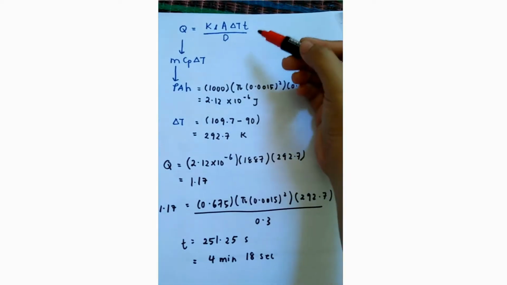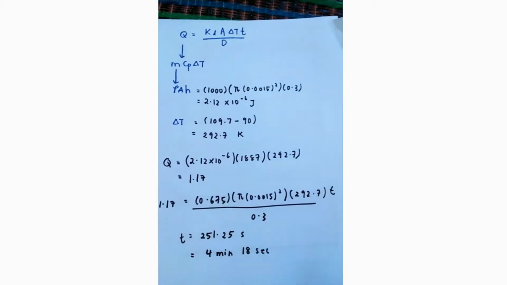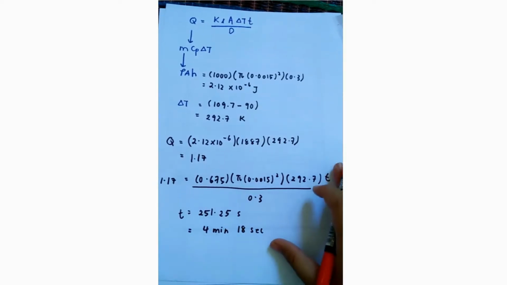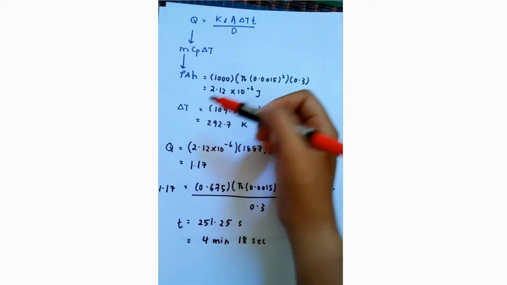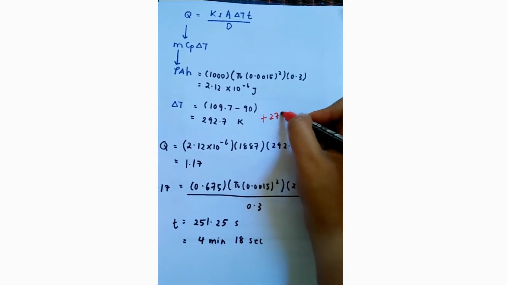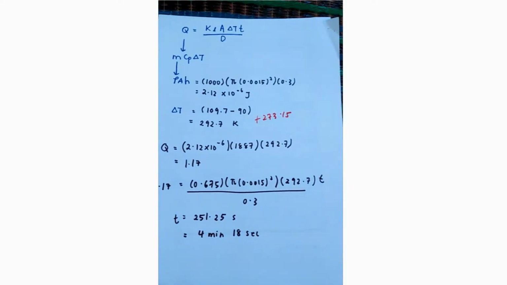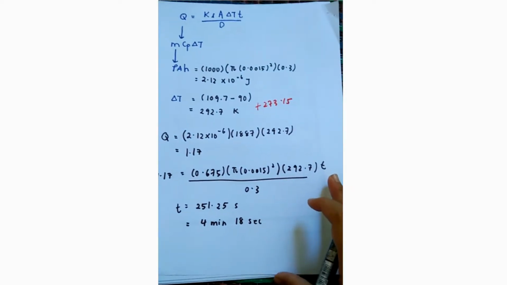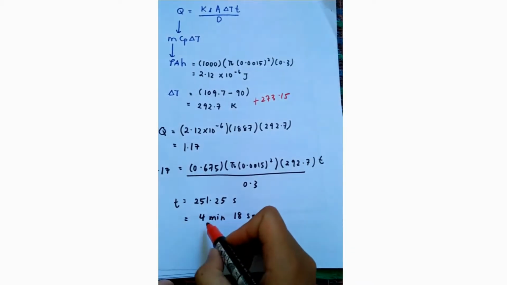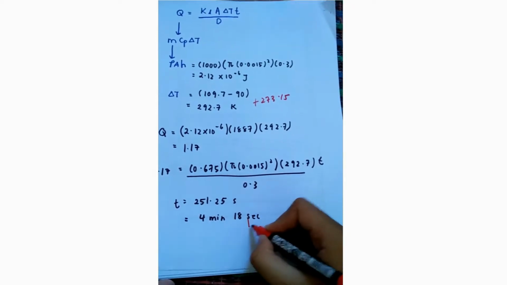This equation is the same as in question A, but we have to change the temperature into Kelvin, which is plus 273.15. It is found that the time taken is slightly increased, which is only 1 second.